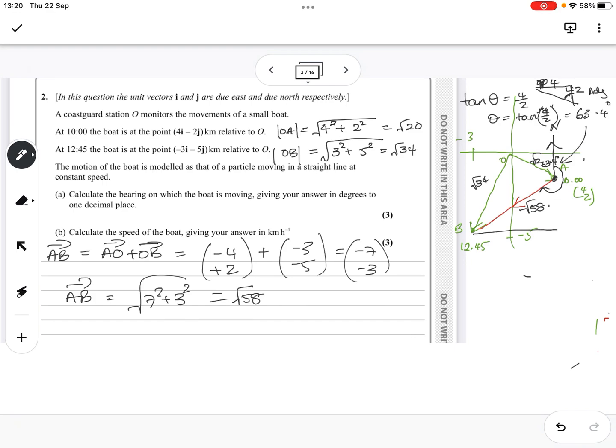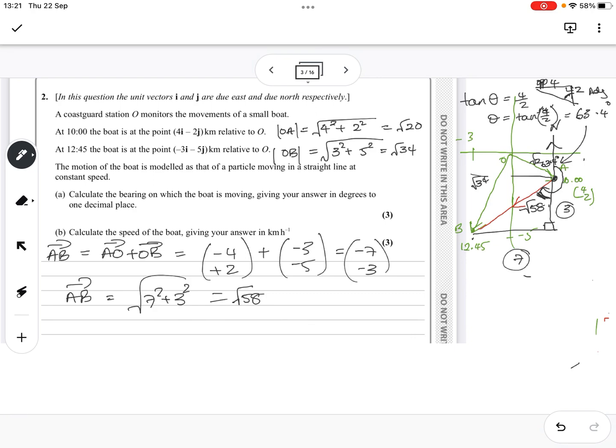Okay, can I do the same with that one? I could use the cosine rule to find that one, but I think maybe I'll just do this one. We know that AB is (-7, -3), so -7 that way, so that's 7 along here, and that's -3, so I'm going to give that 3. We want this angle up here.